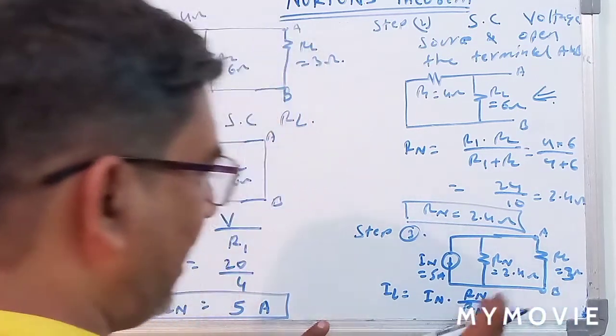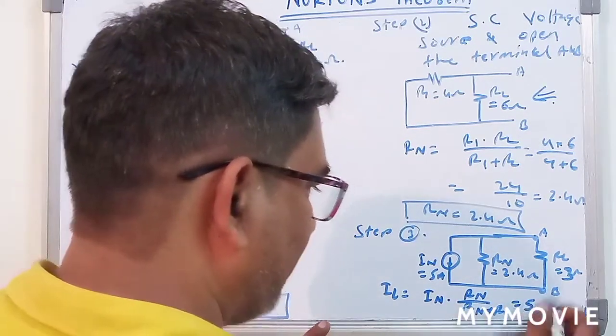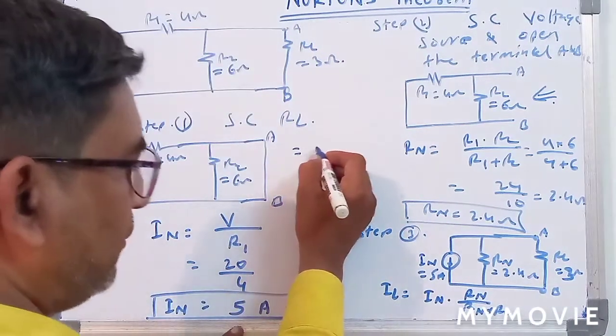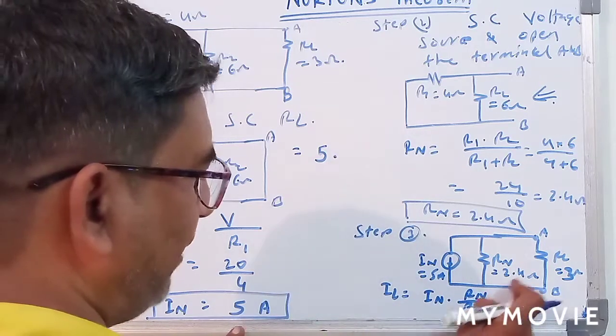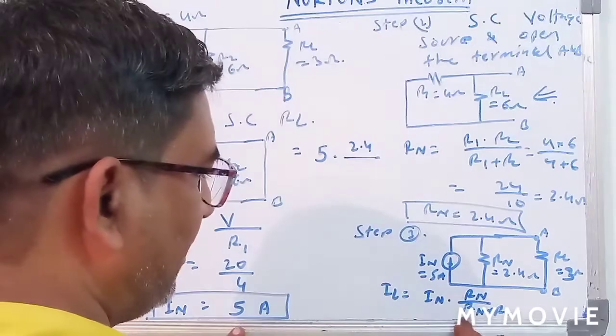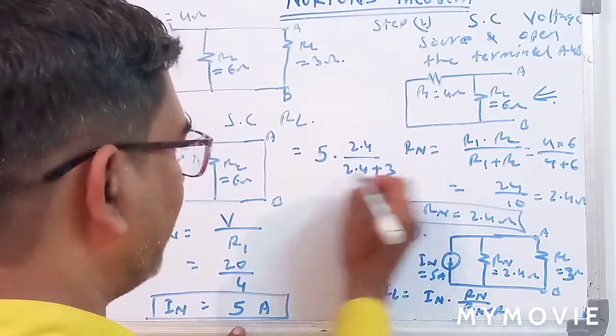Now what is the value for RN and IL? IL is equal to 5 multiplied by the RN value, it is 2.4, divided by again 2.4 plus RL is equal to 3.